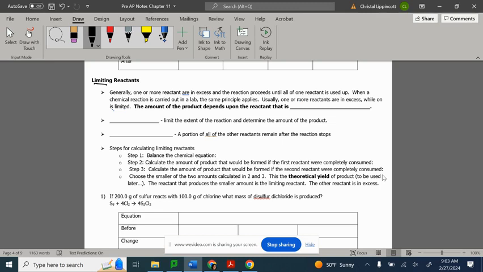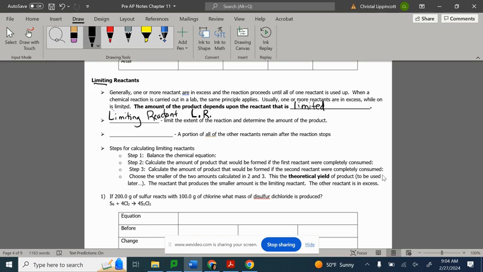Okay. So the amount of the product depends upon the reactant that is limited. In other words, what you're going to run out of first. Okay. The limiting reactant limits the extent to which the reaction runs, and that'll determine how much you can make. Oftentimes, we abbreviate this LR because we are lazy.